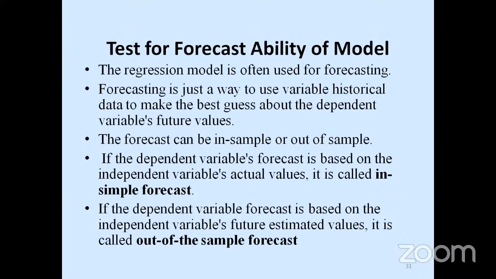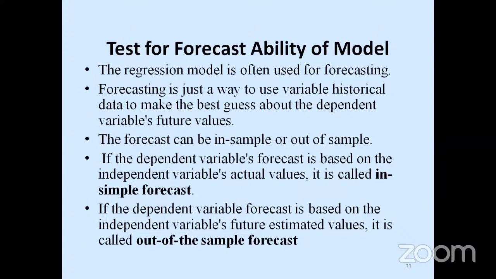Apart from this, there is the forecast stability of the model. The regression model is often used for forecasting. After estimation of the coefficients, that is not the end of the story. If we go further, forecasting is also one of the components in the autoregressive model kind of stuff when we frame the econometric model.